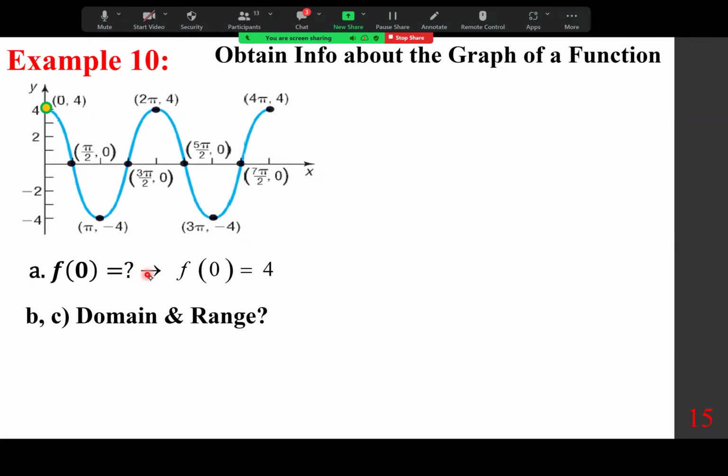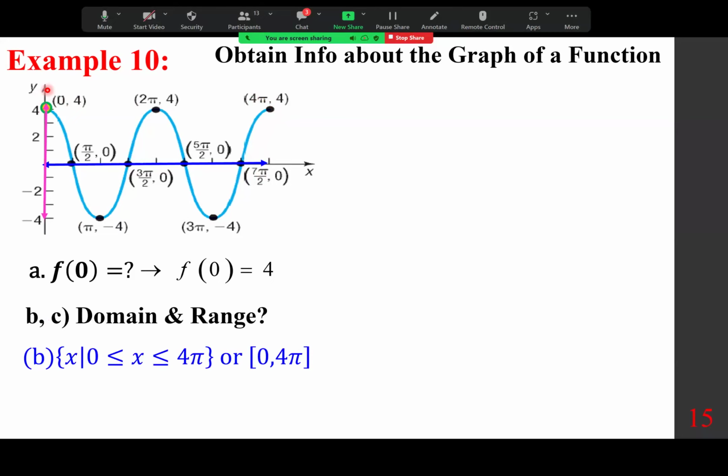Domain and range. Domain, if you lay this along the x-axis, it goes anywhere from 0 to this point, whose x coordinate is 4 pi. What about the range? The bottom is here, the top is here.